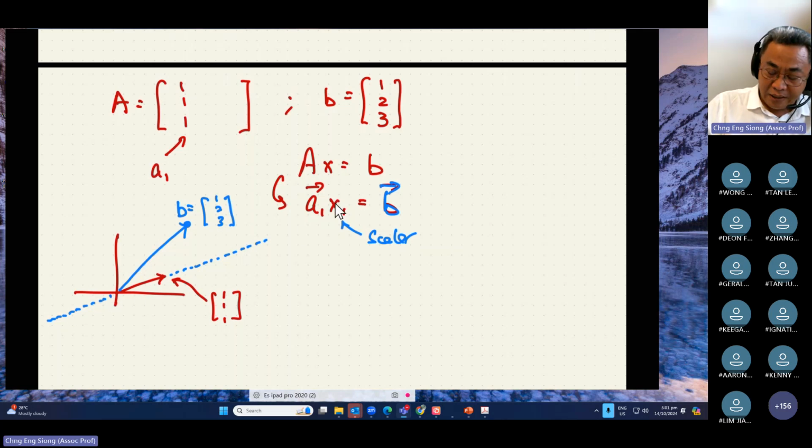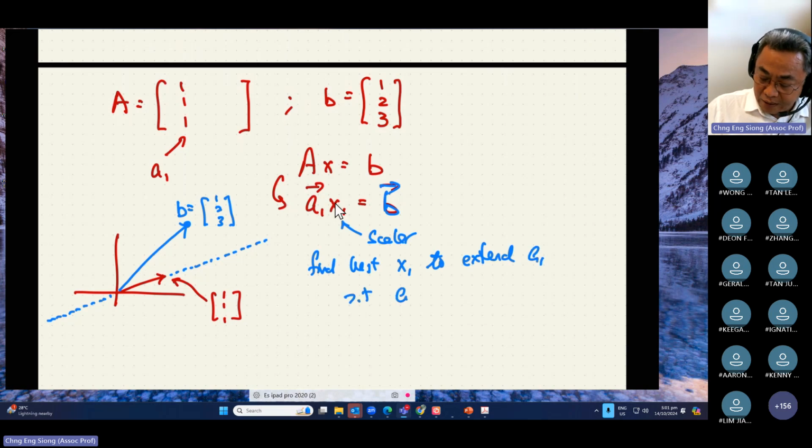I'm trying to find the best x1 to extend a1 such that a1 x1 becomes b hat. Who is b hat? This point here is b hat.